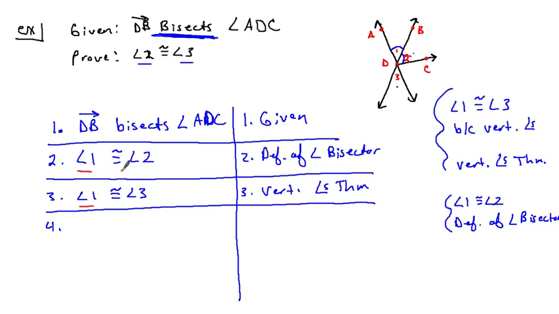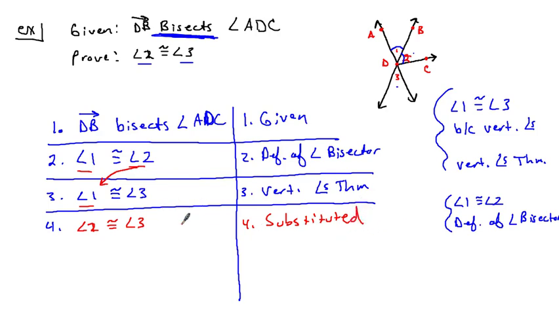So does it make sense that we can take angle 2 and substitute it for angle 1 because they're congruent? So our last line would say angle 2 is congruent to angle 3, and the reason is because we substituted two things that we knew to be equal to each other or congruent.